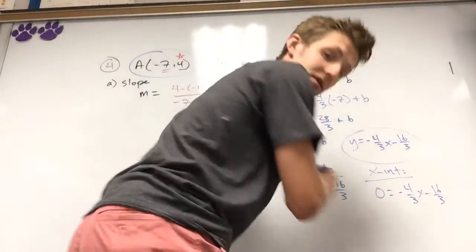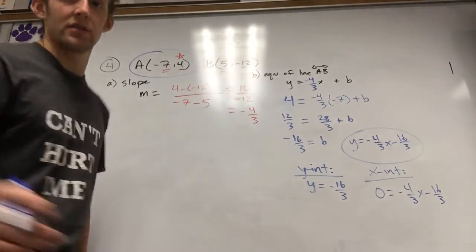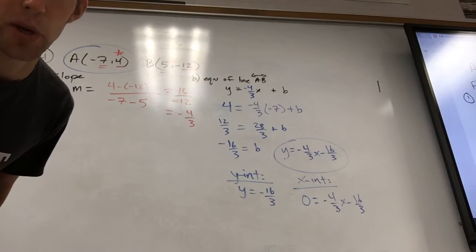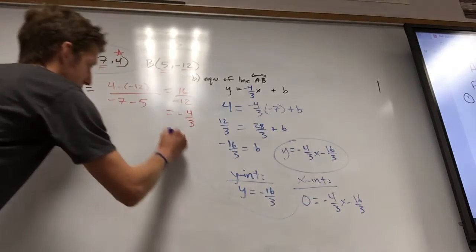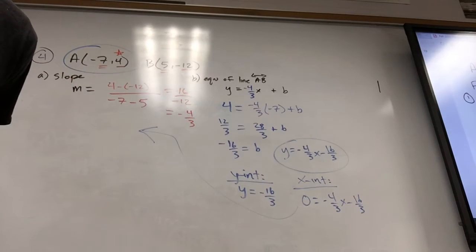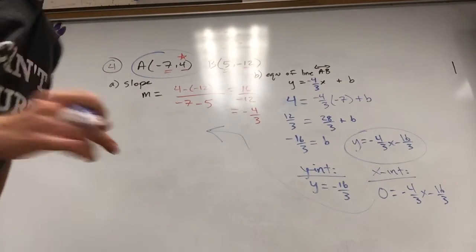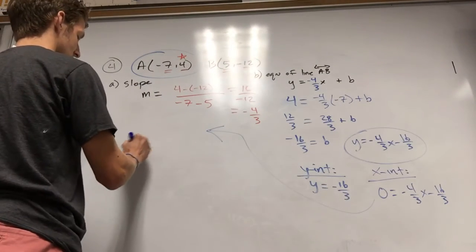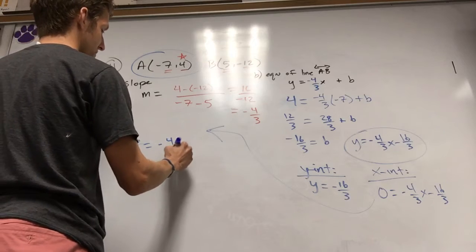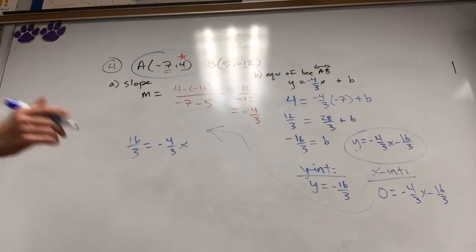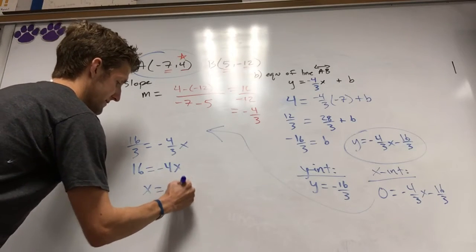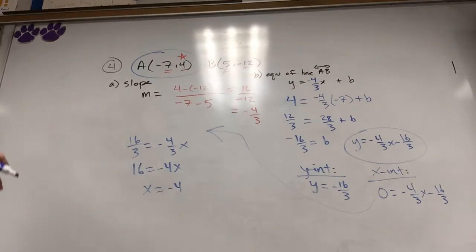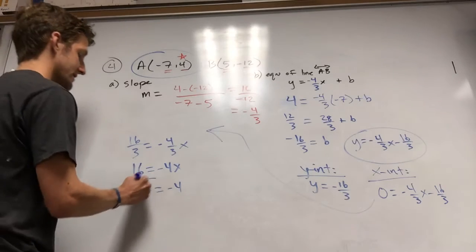Move the 16/3 over, so it is equal to a negative 4/3 x. If you multiply both sides by 3, then we get negative 4. So that's the x-intercept. X equals negative 4.